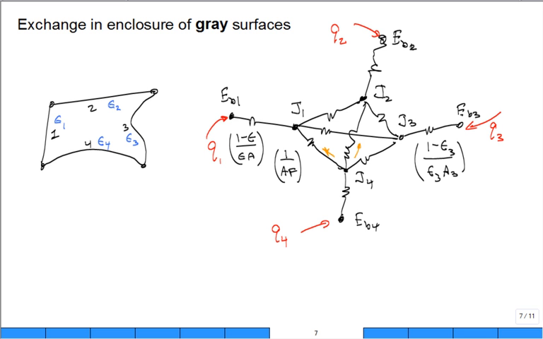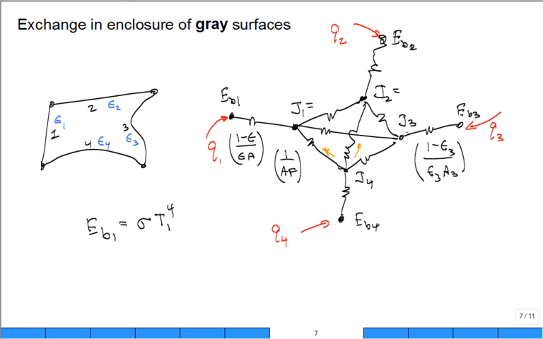Somebody says, how is EB1 related to the surface temperature of 1? Is it still sigma T1 to the 4th? It is. Yeah, it's still the black body emissive flux given by the Stefan-Boltzmann law. What about J1? How about J2? How about J3? What is the name of J again?